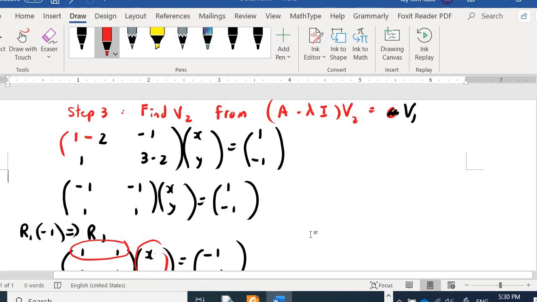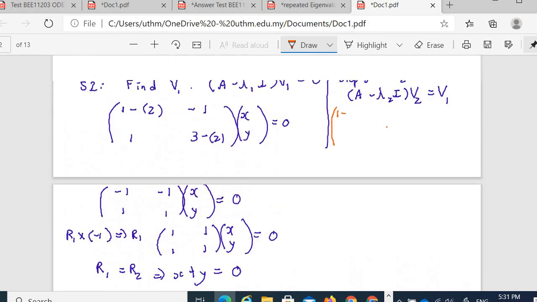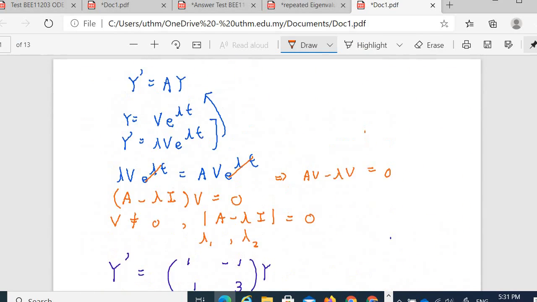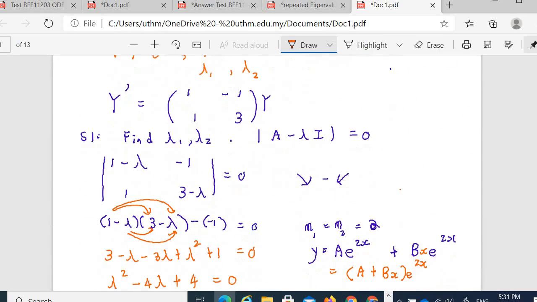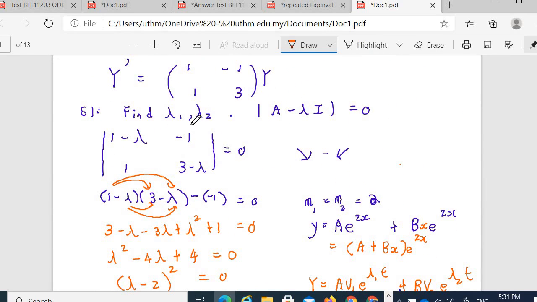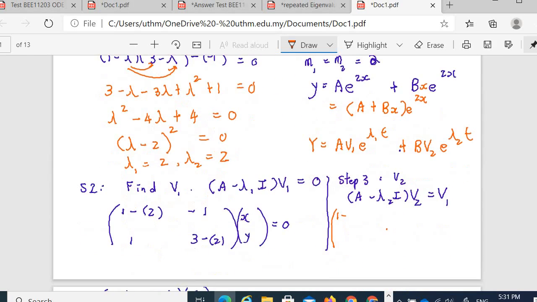The derivation just now is just for your understanding, but to solve it, you solve these equations, this homogeneous system. Your written answer, first step, find your eigenvalue by solving determinant of (A minus lambda I) equal to 0.